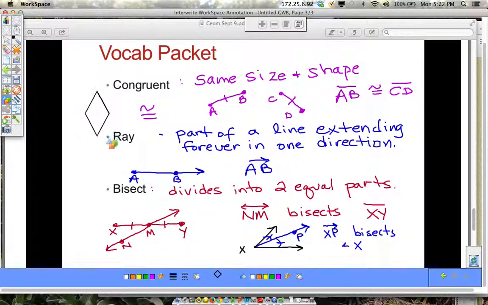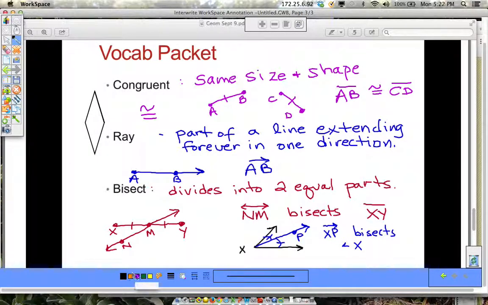If I wanted to say that this segment is congruent to this segment, and then these 2 legs right here are also congruent but different than the other, then I can do 2 hash marks on this one, and since it's the same length here, I would do 2 hash marks.